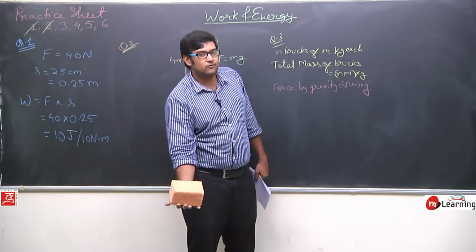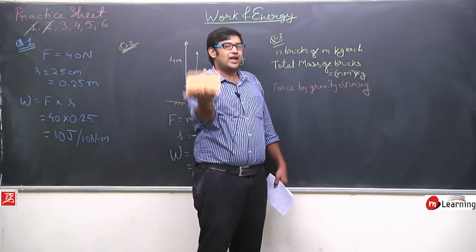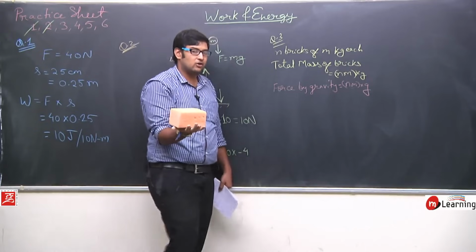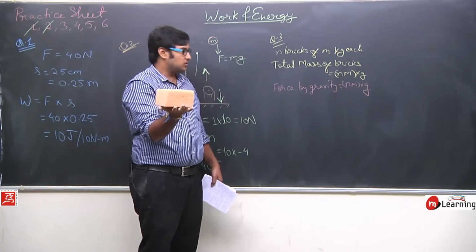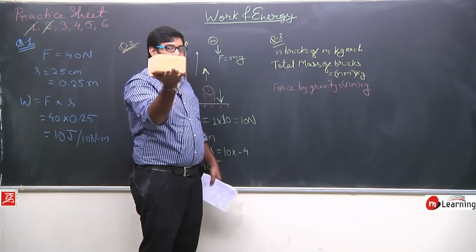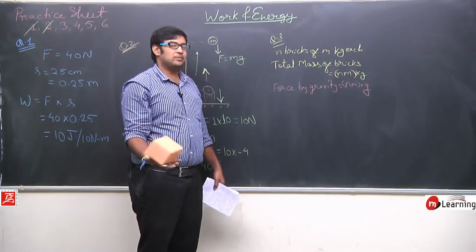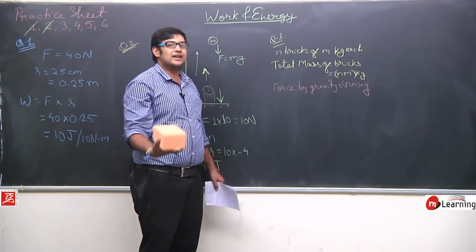If I apply a force more than gravity, this will go up. So I have to apply a force which can balance the gravity, to hold it properly such that there is no motion in the block. So the man has to apply an equivalent force to balance the force of gravity.